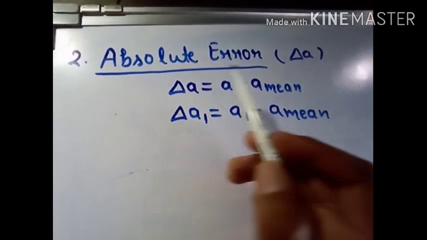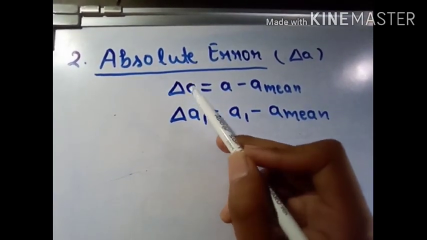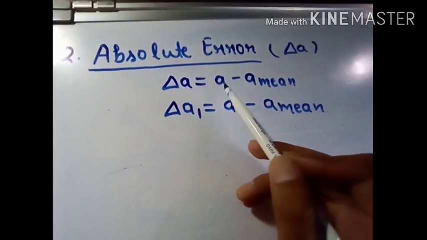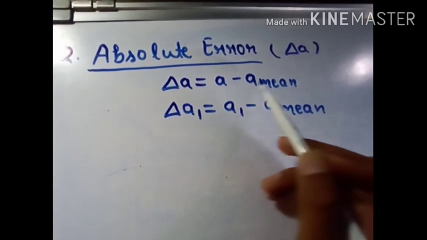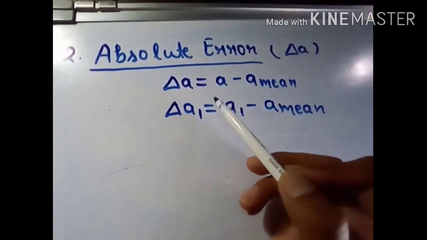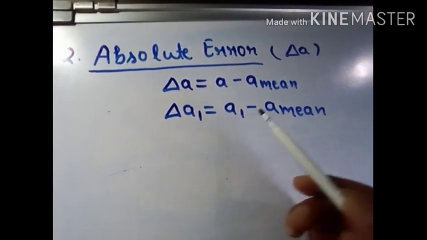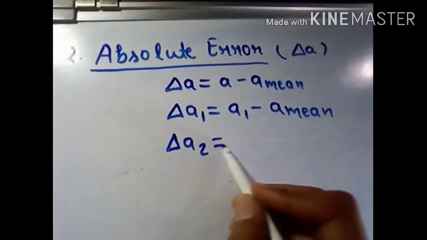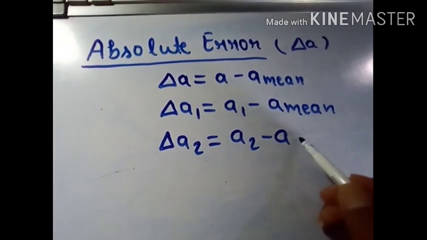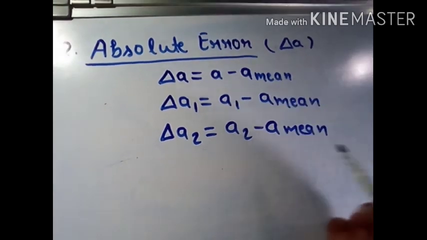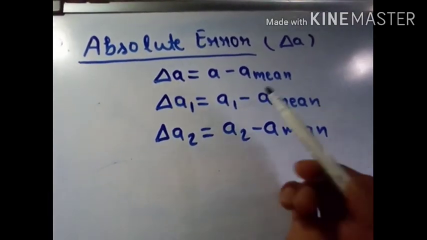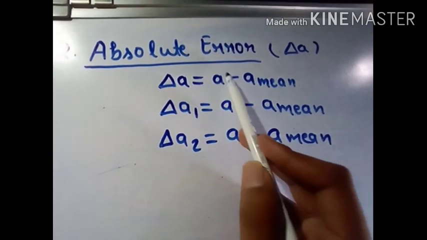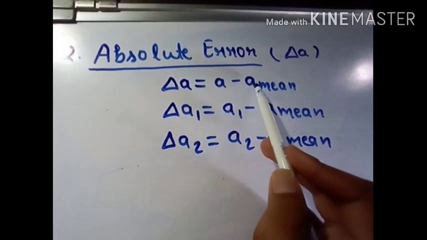And if you want to define absolute error, look here, it is the magnitude of the difference between the individual measurement A, like you can see A1 is the individual measurement, or of course we can write here a2 minus a mean. So make it clear, this is the magnitude of the difference.